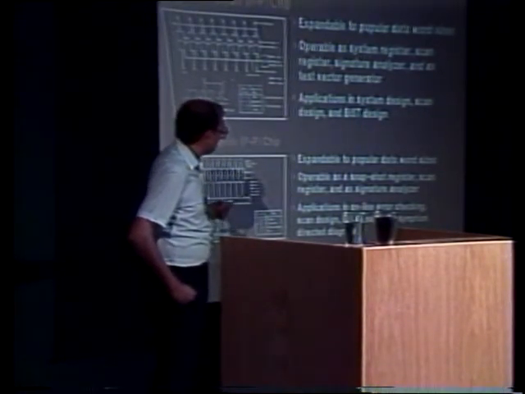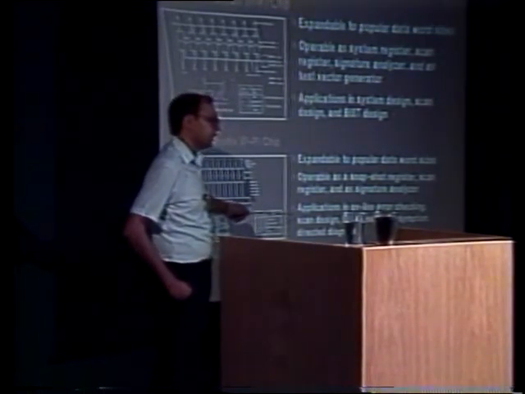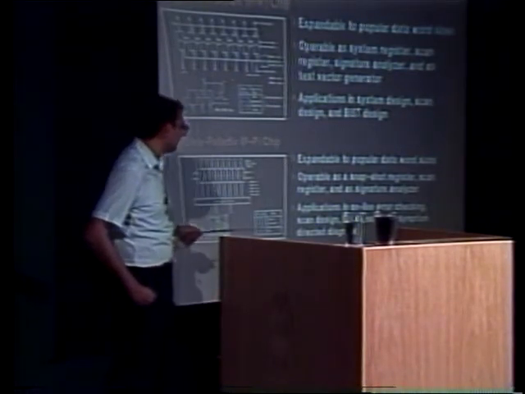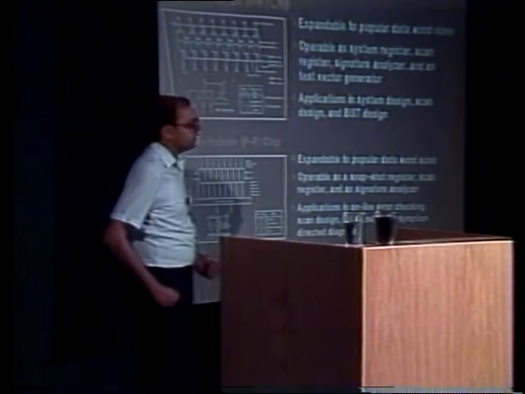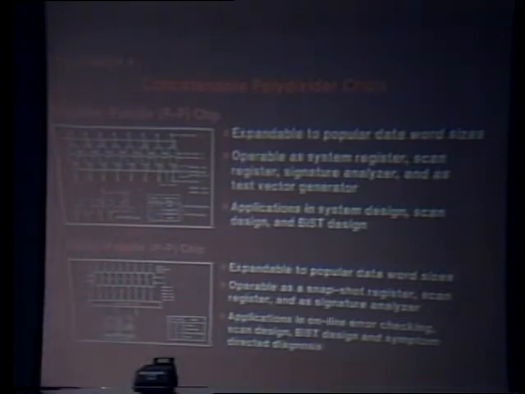And again, applications of this would be in online error checking. The parity part of the chip would provide online error checking, and the scan design as well as built-in test design together can help symptom-directed diagnosis, which John Chabelle mentioned, which Roy also mentioned, and we will cover some more of it tomorrow morning in design for diagnosis.